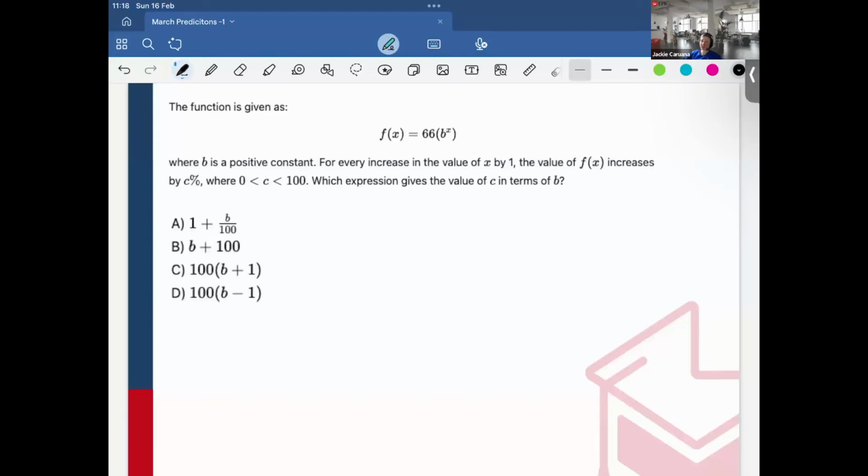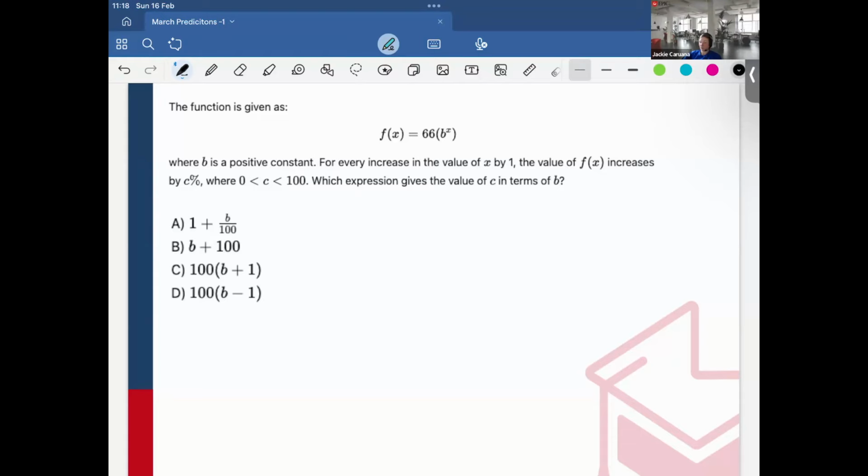So the function is given as f of x equals 66 multiplied by b to the x power, where b is a positive constant. For every increase in the value of x by 1, the value of f of x increases by c%, where c is greater than 0 but less than 100. Which expression gives the value of c in terms of b?